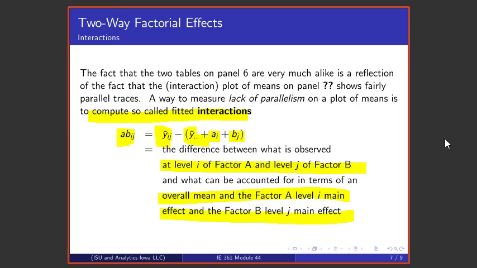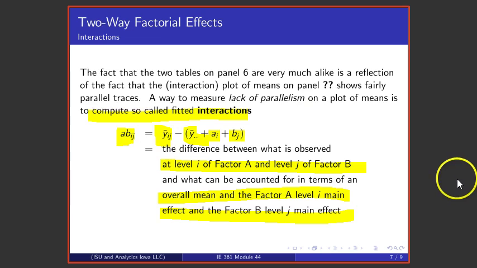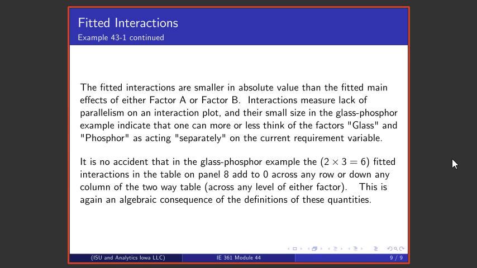And so, for example, if you take this 285 and subtract 287.22, one gets minus 2.22. Sorry, that's the two-factor interaction for level 1 of A and level 1 of B, glass number 1 and phosphor number 1.